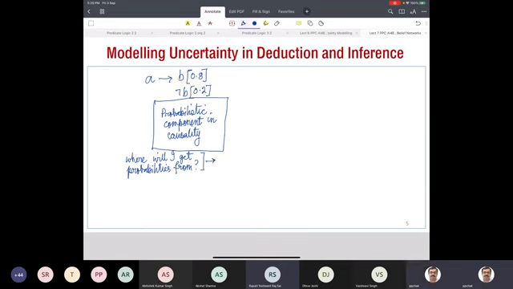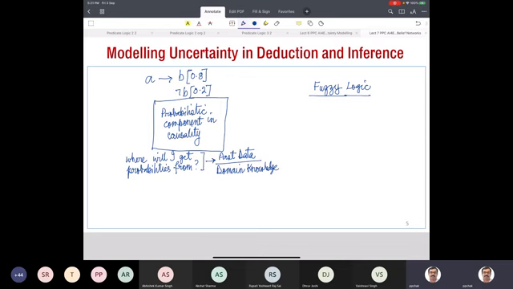Whole data, yes, past data or domain knowledge. There is another way of modeling uncertainty, which we shall not discuss, which is called fuzzy logic.